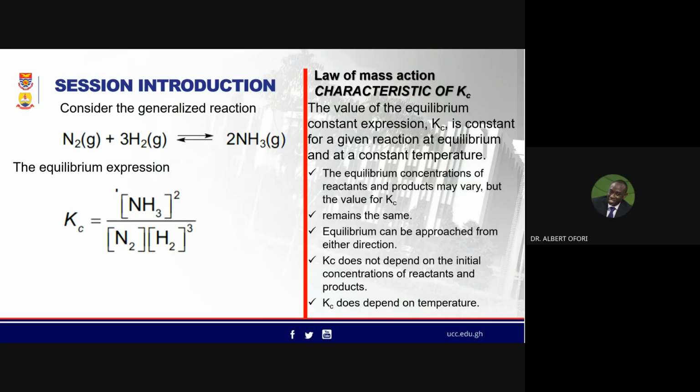Now, once we are calculating for that, definitely what it means is that we are going to be getting values for K. Concentration is a value, and so we should get a value for K. Now, when we get a value for K, what does that mean?